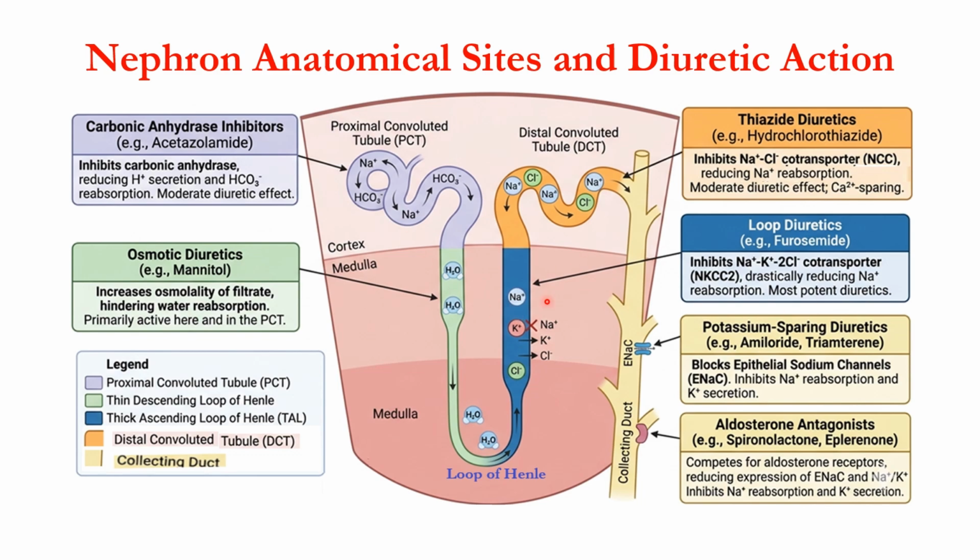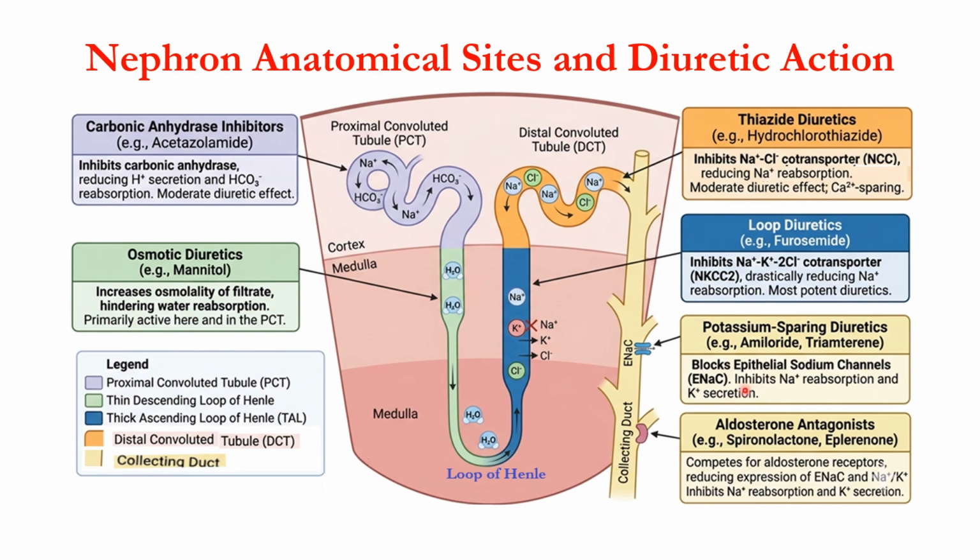The other group is the potassium-sparing diuretics. These act in 2 different ways. Some of them act by blocking the epithelial sodium channel, which is found at the latest stage of the distal convoluted tubules, and the other acts on the collecting duct by inhibiting aldosterone. So we have aldosterone antagonists, which are competitive inhibitors of aldosterone by binding to the aldosterone receptors.